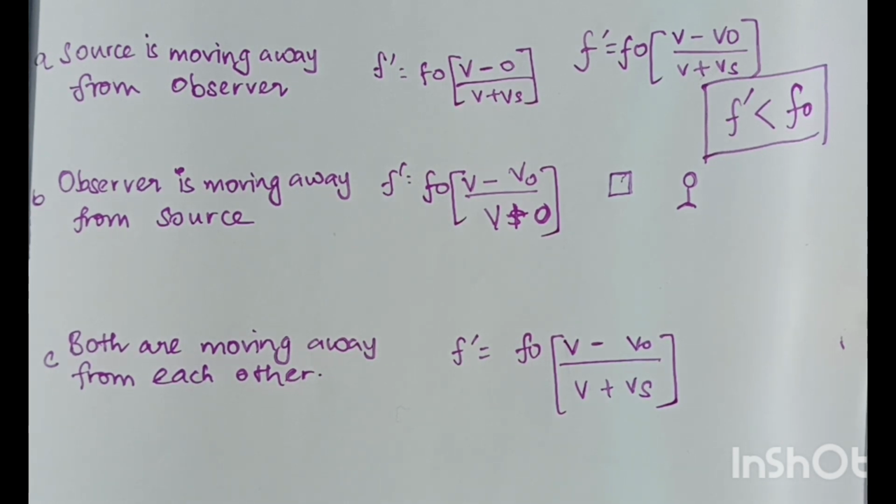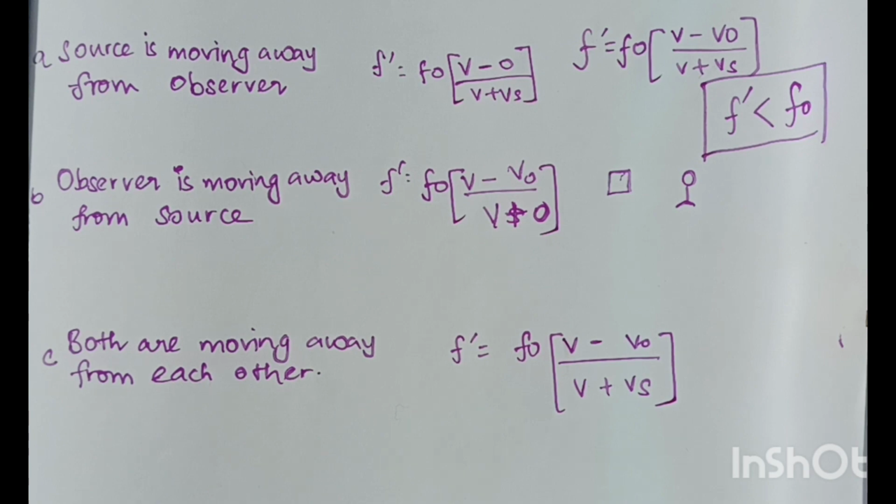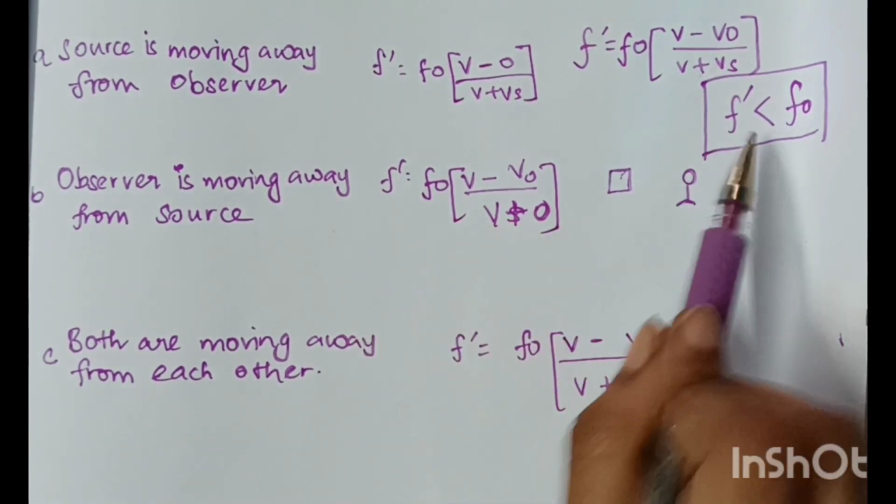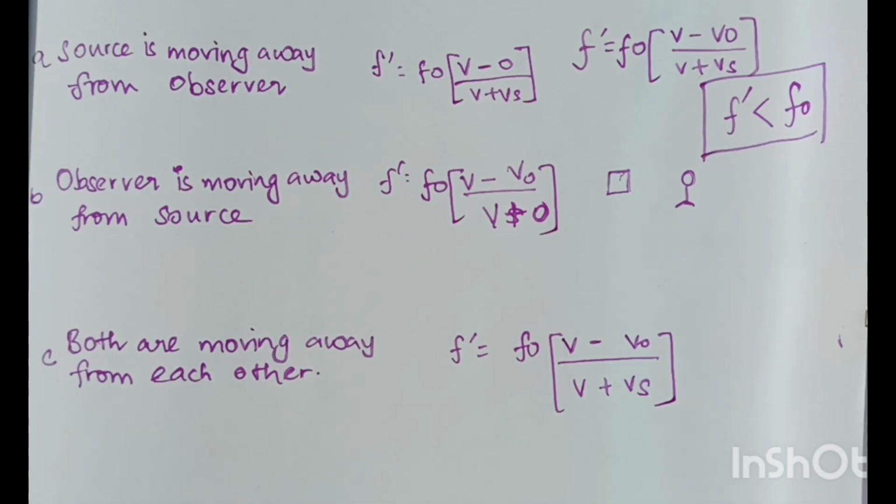If the source is moving away from you, then also you will hear decreased sound. Or if both of you go away from each other, then also you will hear decreased sound. So that is the reason the apparent frequency will be lesser than the original frequency. You have to know this.